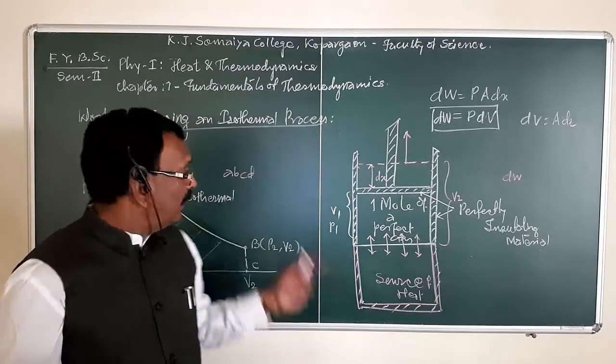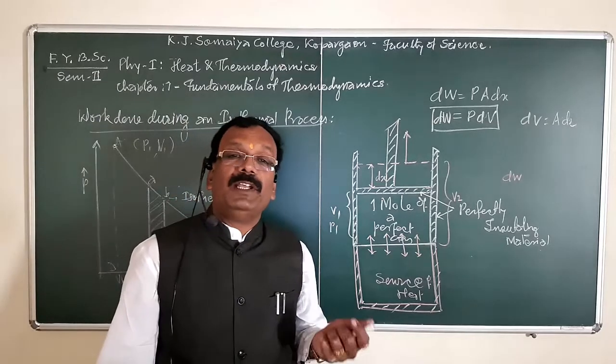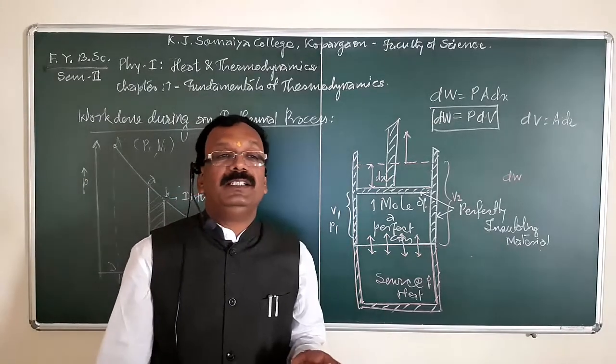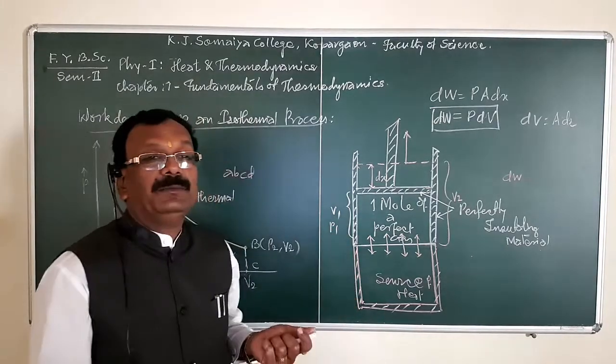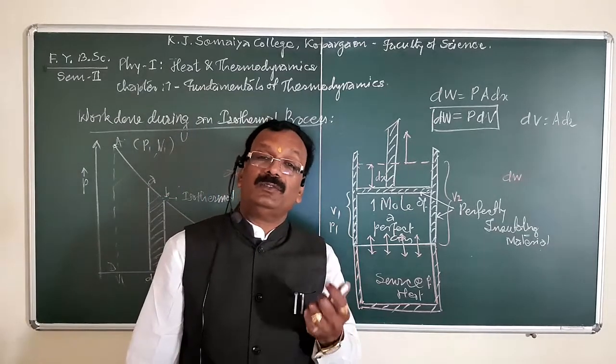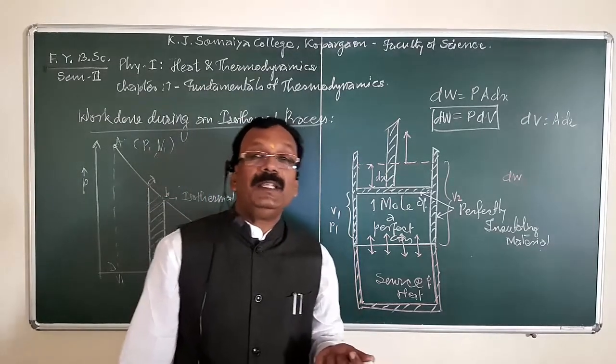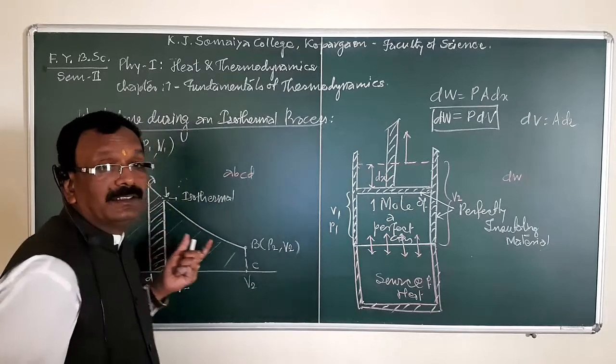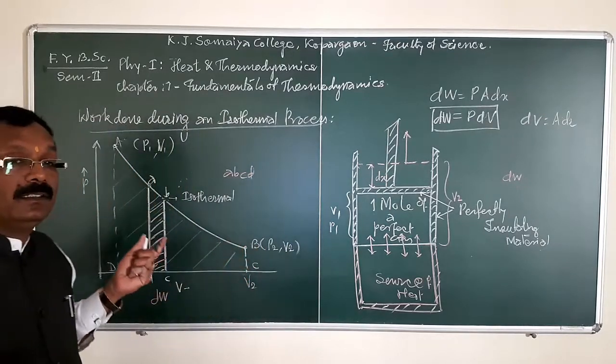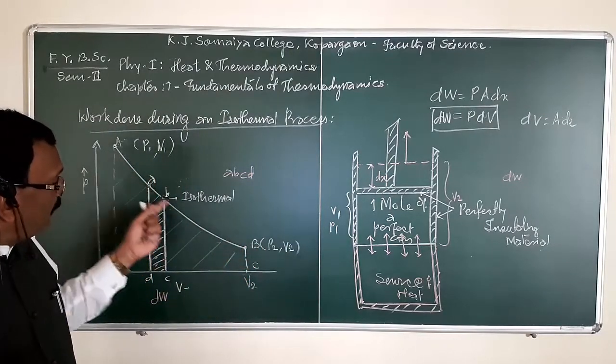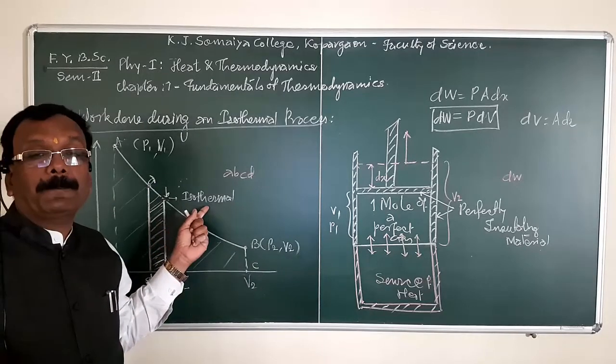The relation between pressure and volume under isothermal condition can be represented graphically like this, and it is graphically represented by this isothermal AB.